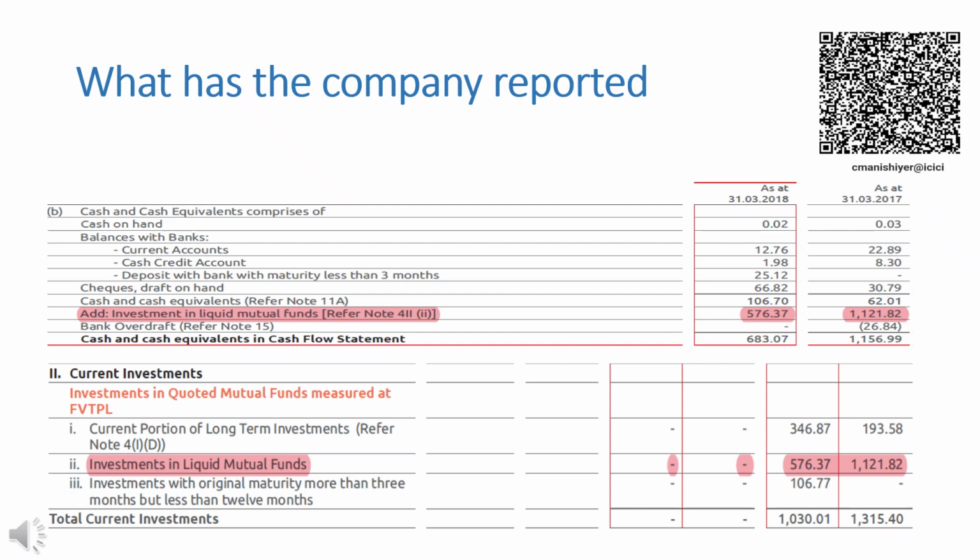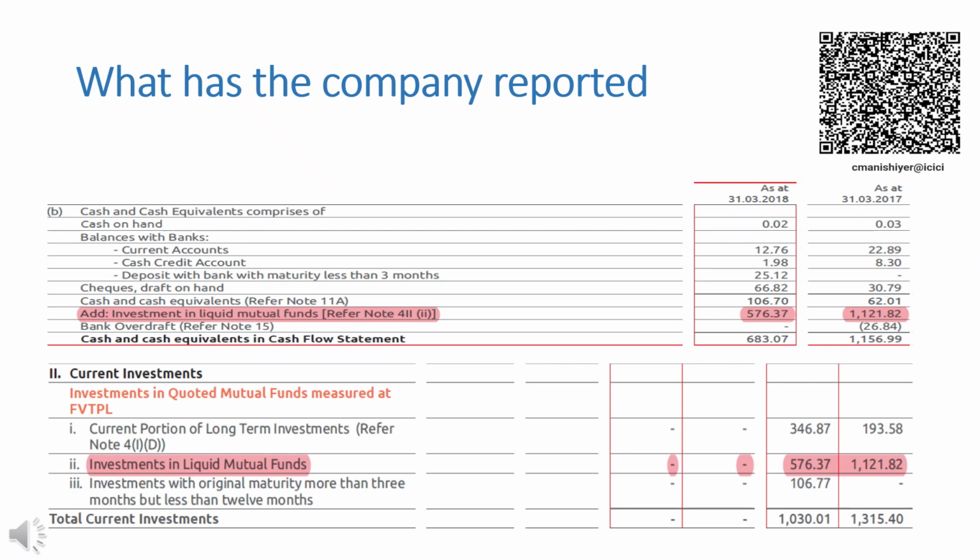Schedule 3 does not define investments. Therefore, if the company considered an investment as cash equivalent, the company should have aggregated with cash and cash equivalents. Accordingly, the company has not complied with the requirements of Schedule 3 to the Companies Act 2013.